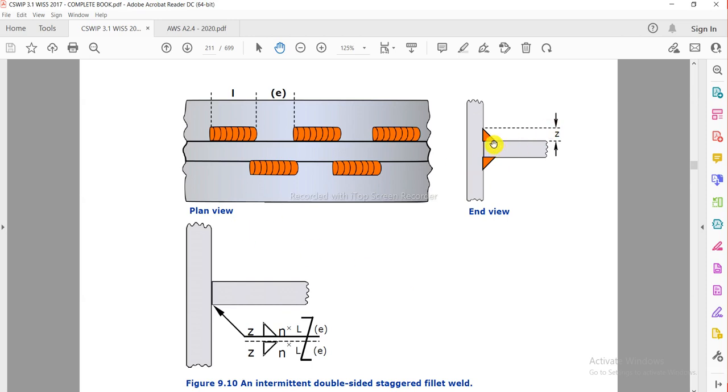Here Z is indicated by this, L is indicated by this, and E is indicated by this, and the complete formula is written as Z, fillet, N, L, E. When this is written like a big Z, it means this is a staggered weld. Don't be confused, this is the symbol of a staggered weld. Here there are three welds and here two welds, and both are written like this.